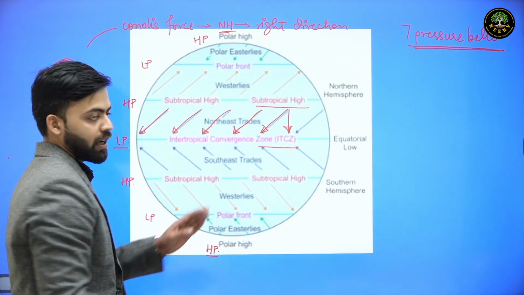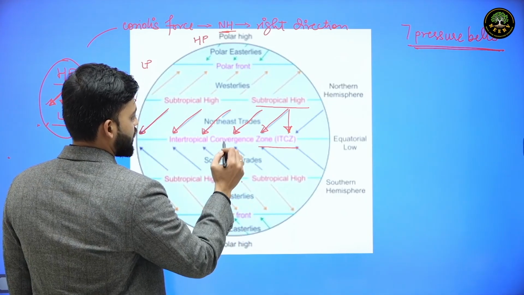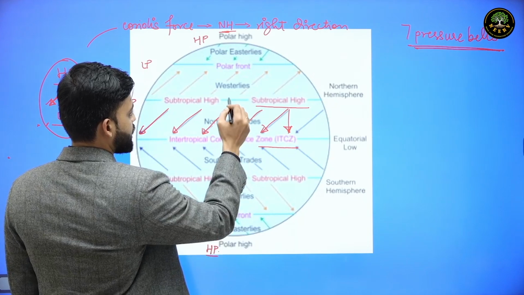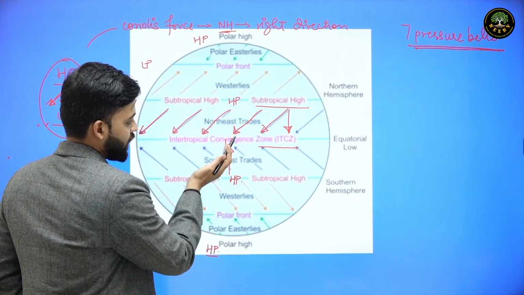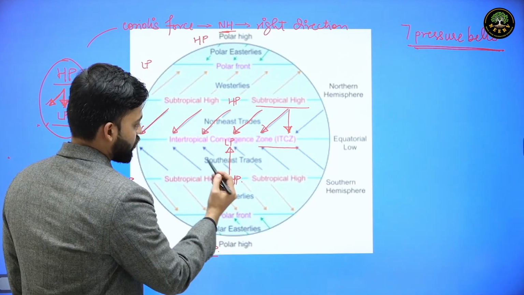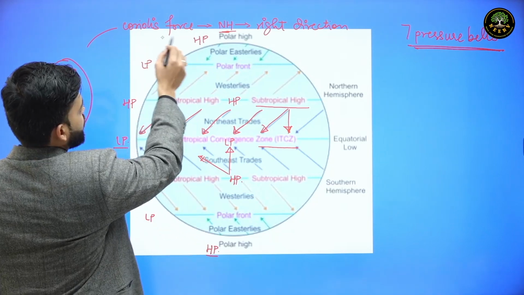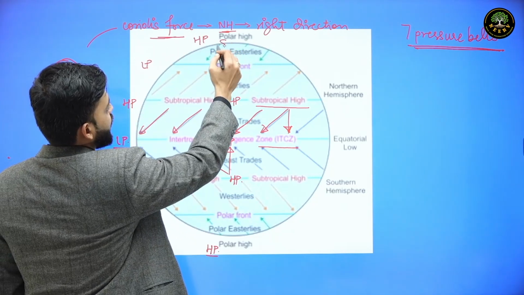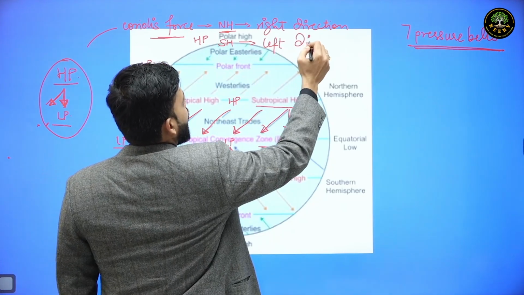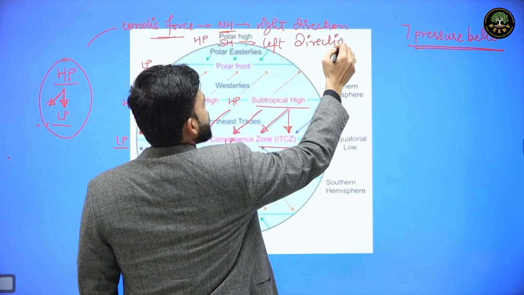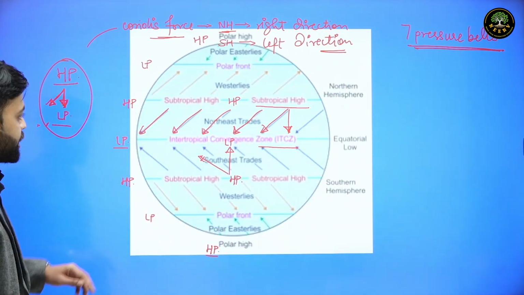Similarly, in southern hemisphere, from subtropical high pressure to equatorial low pressure, the winds which would have been going in the upward direction turn towards their left because of the effect of Coriolis force. In northern hemisphere, right direction; in southern hemisphere, left direction. And Coriolis force is a pseudo force. Pseudo force means it is an effect, not the actual force.